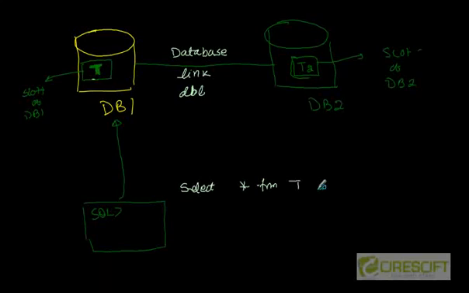If I do select star from T2@dbl, then I'm going to get the data from T2, because that is the T2 table. Remember, I'm still connected to db1, but using the database link, I am getting data from another table.